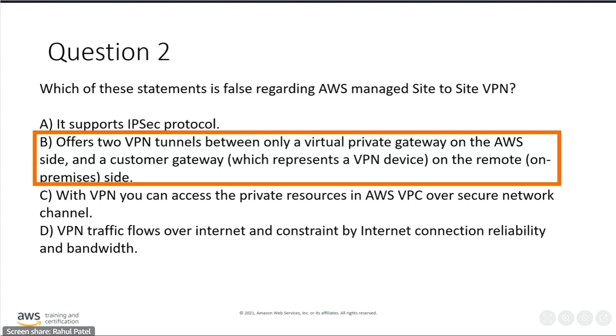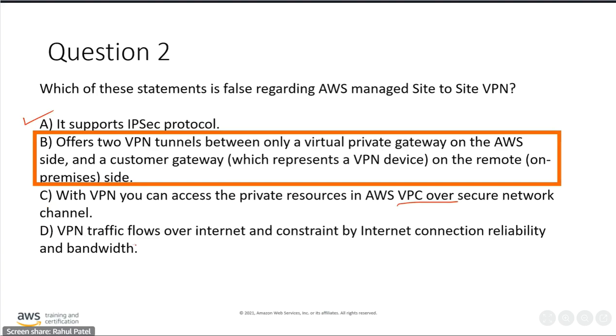It supports the IPsec protocol, which is supported by AWS managed site-to-site VPN. With VPN, you can access the private resources in AWS VPCs over a secure network channel, which is also true.